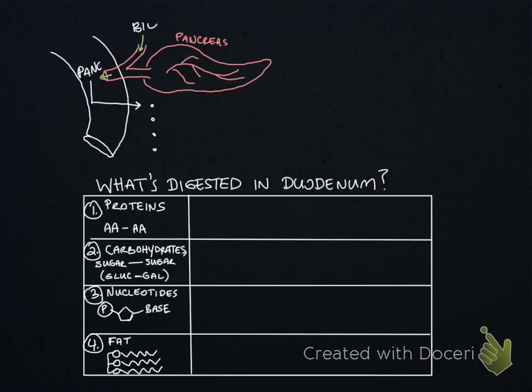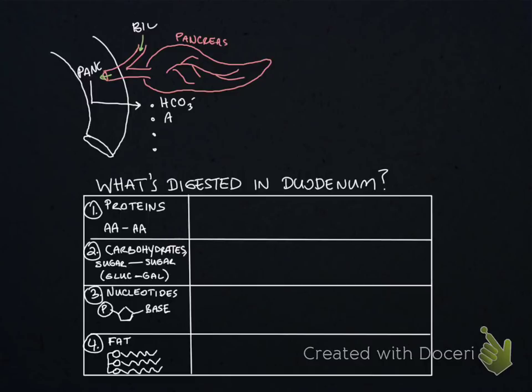All right, what about the pancreas? What's being added by the pancreas? We know the liver is making bile, it's being held in the gallbladder, and then eventually it gets secreted into the duodenum whenever there's fat present in the chyme. But the pancreas is secreting pancreatic juice or pancreatic enzymes, and these include bicarbonate, which neutralizes the hydrochloric acid coming from the stomach.